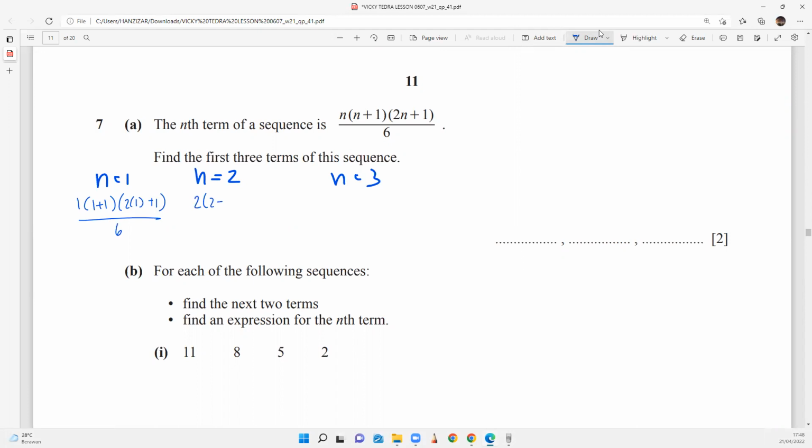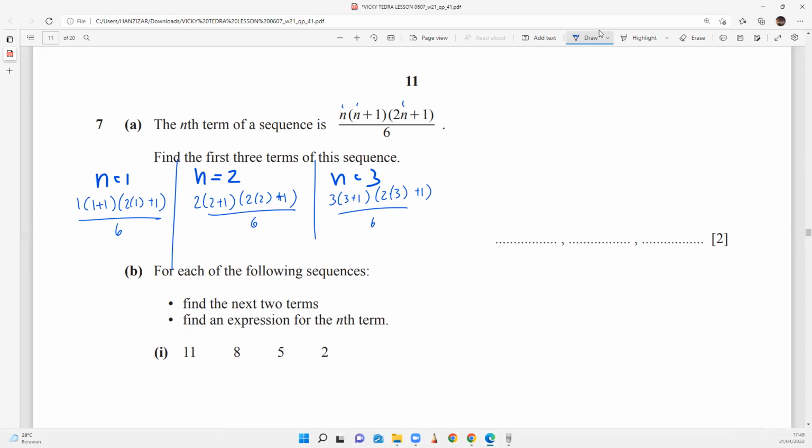Now 2 plus 1, right? We change the n. And then 2 times 2 plus 1 over 6, right? And then there you go. 3 plus 1, 2 times 3 plus 1 over 6.